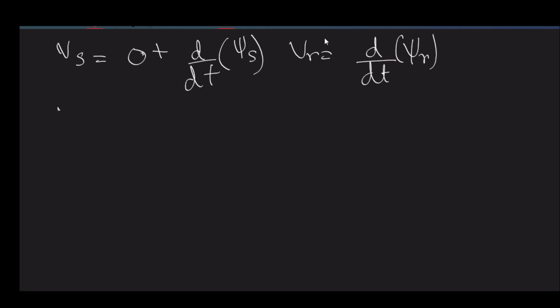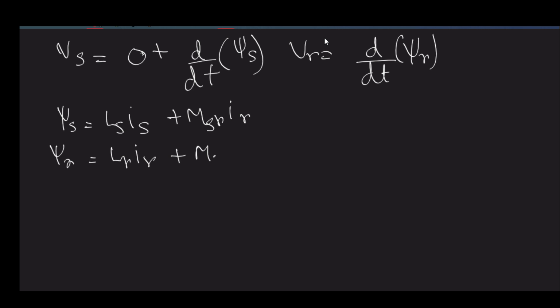And what is psi s? Psi s is Ls is plus Msr ir, and psi r is Lr ir plus Mrs is, and we are assuming Mrs is equal to Msr. So here if we do this, then we can figure out the expression of psi s and psi r.